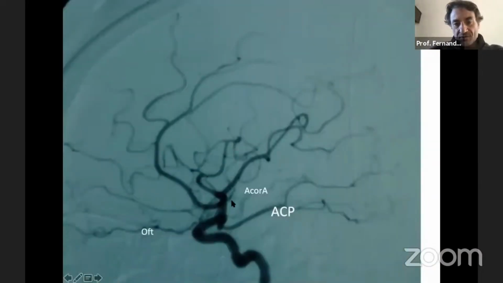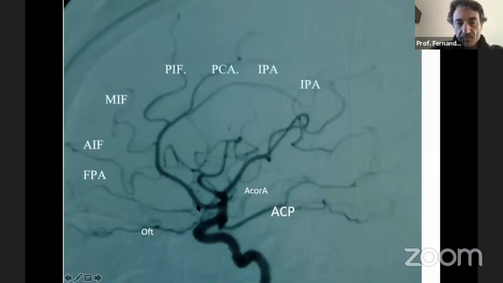This is another arteriographic case in which we can identify here the ophthalmic artery, posterior cerebral artery, and the anterior cerebral artery in its entire trajectory.